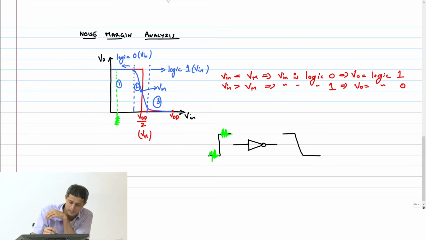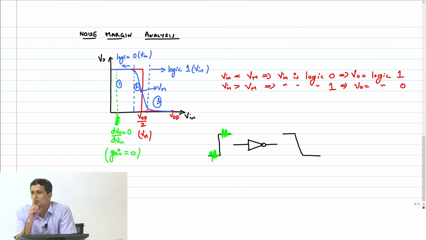Right? So if you look at this point here, dVout by dVin is 0. Right? Which means that the gain is 0. So what it means is that if there is noise, the noise is getting killed because it is not getting amplified. In fact, it's getting attenuated and it's all gone. So the noise fluctuation at the input cannot percolate to the output.